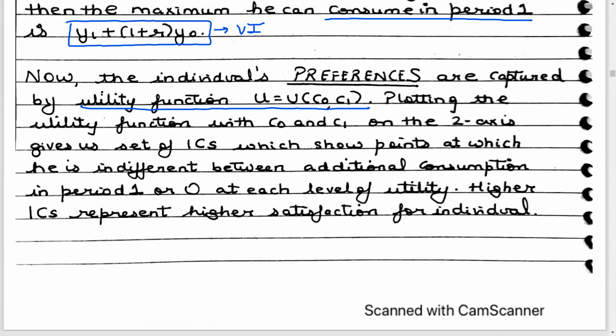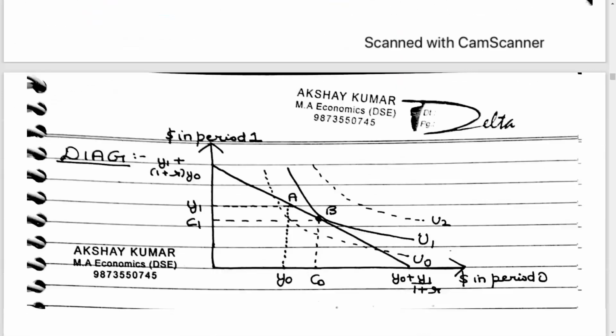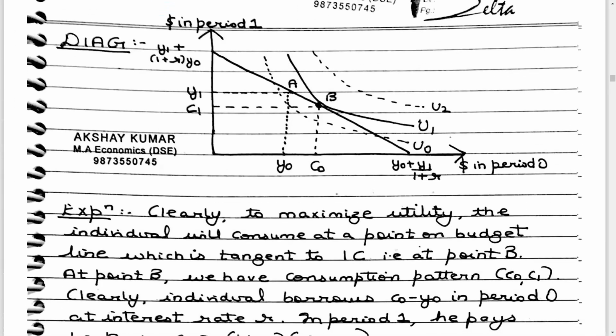So in this case, the indifference curve will show combinations of C0 and C1, that means consumption in time period 0 and 1, which gives the consumer the same level of satisfaction. And obviously higher indifference curve will represent higher level of satisfaction. So if I move forward, you can see on your screen that we have drawn in a 2-period framework both the budget constraint as well as the indifference curve.